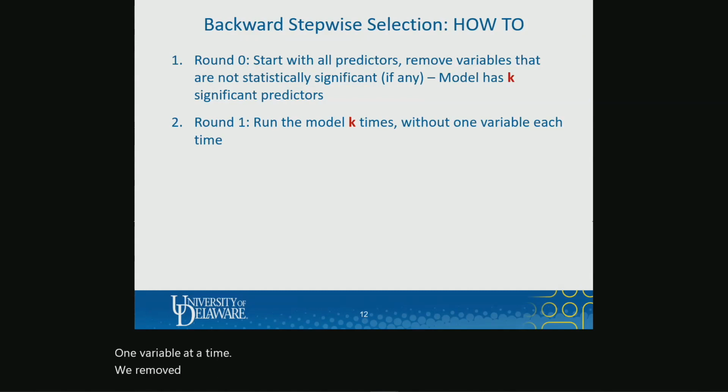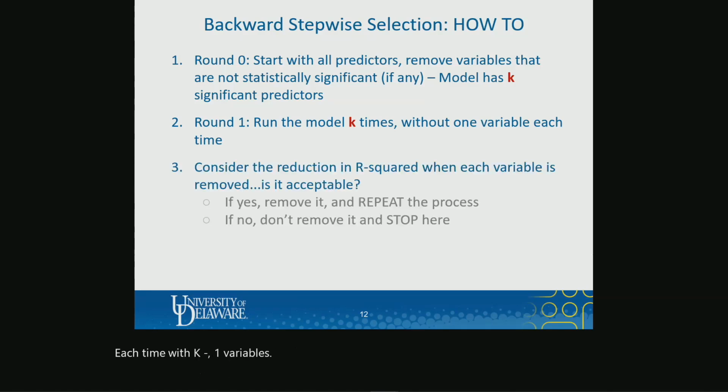We remove each of the variables and run the model for each removal. Essentially, we run the model k times, each time with k minus 1 variables, right? And we compare the R squared across different models. The model with the least reduction in R squared is the best, or the model with the highest R squared.